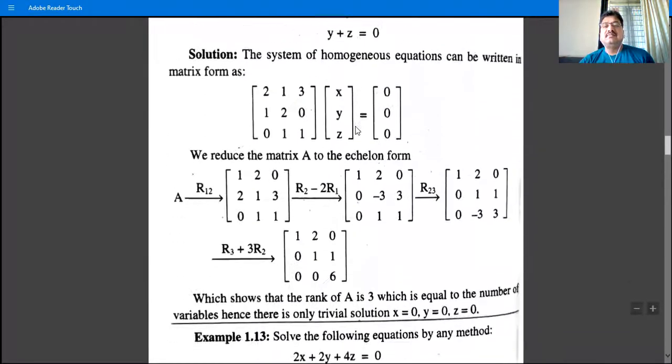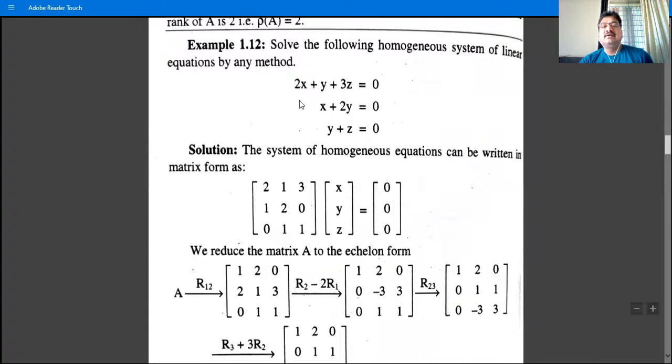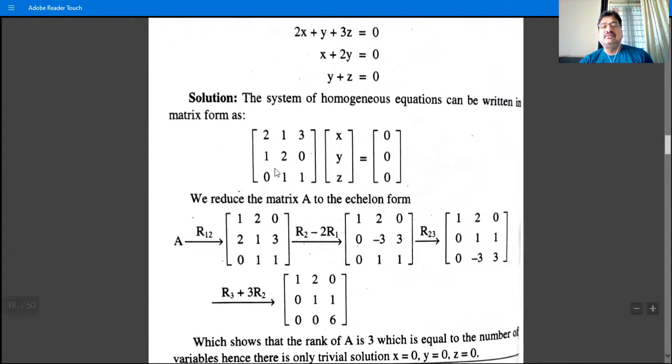This is an example of a homogeneous system. To solve the system, we first write it in matrix form. This is the matrix of coefficients of x, y, z: 2, 1, 3. In the second equation the coefficient of x is 2 and the coefficient of z is 0. Then in the third equation, the coefficient of x is 0, the coefficient of y is 1, the coefficient of z is 1. x, y, z are the unknowns, and 0, 0, 0 on the right.